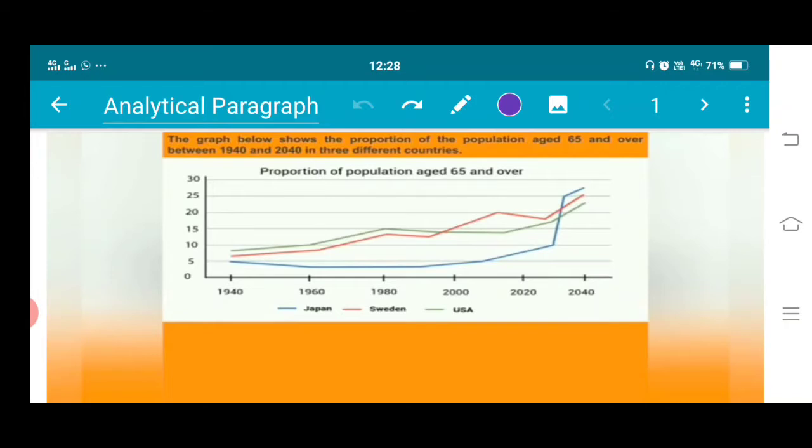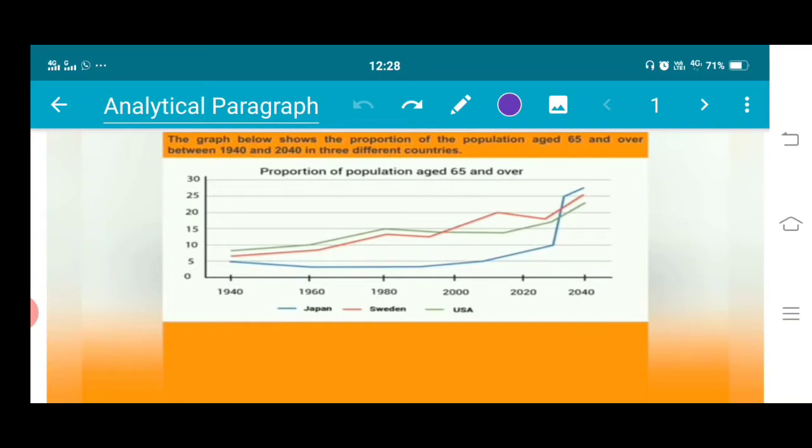On the x-axis we have years from 1940 to 2040, and on the y-axis we have the percentage of the old people aged 65 and over, right? So this we have to see.